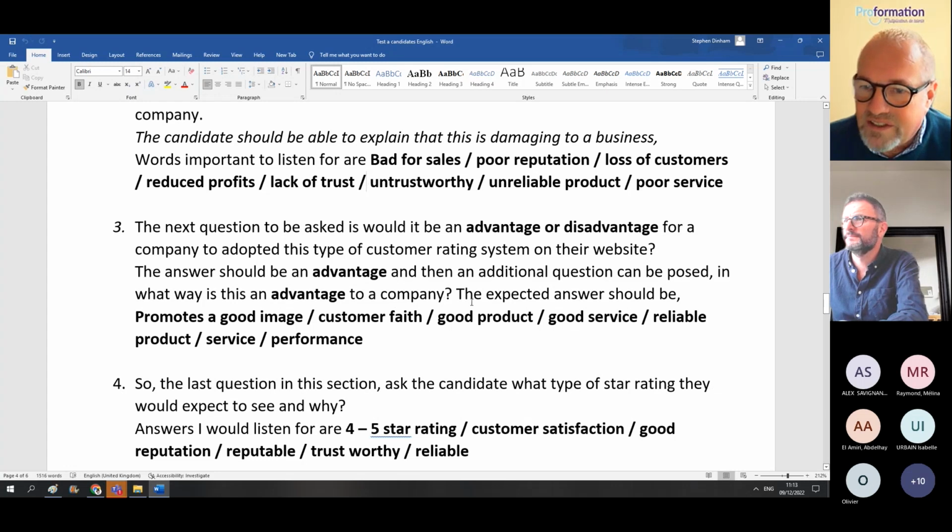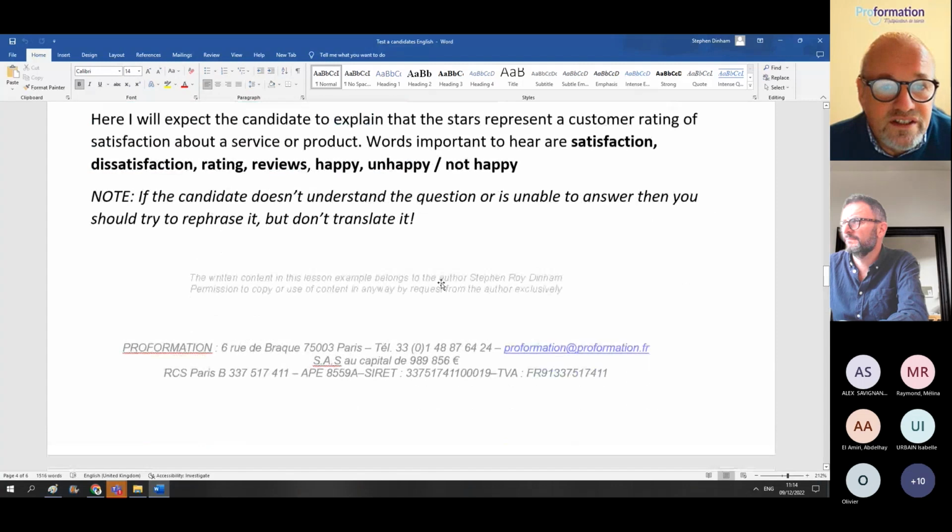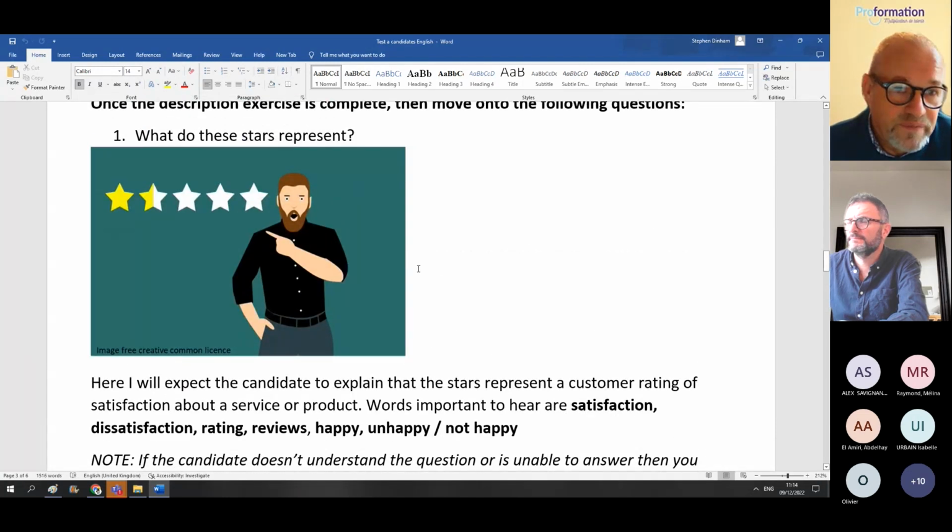The expected answer should be promotes a good image, customer faith, good product, good service, reliable product, service performance. These are the good words that we like to hear from a customer when they are speaking about our company. So if we go back to the picture here, this rating here doesn't give me any of those. All I see is poor performance.